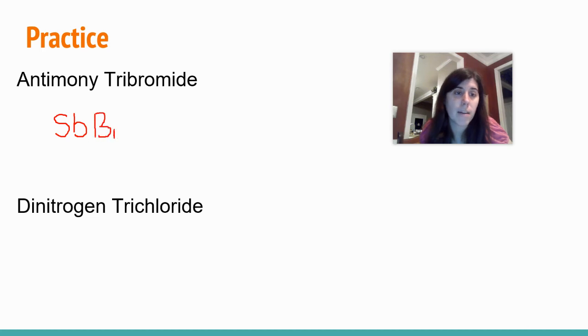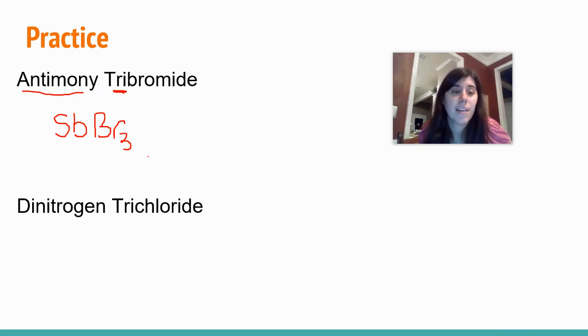Okay, that's bromine. Antimony does not have a prefix, so we understood that as 1. So we don't need to write a 1 there. But bromine has tri in front of it. That means we need to add a subscript of 3 for bromine. So antimony tribromide is SbBr3.